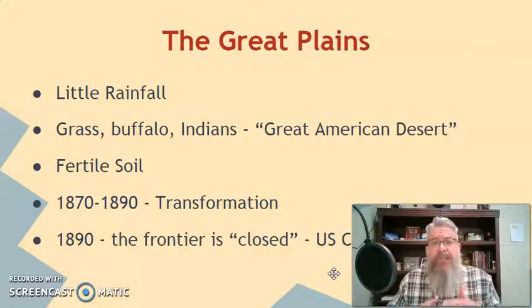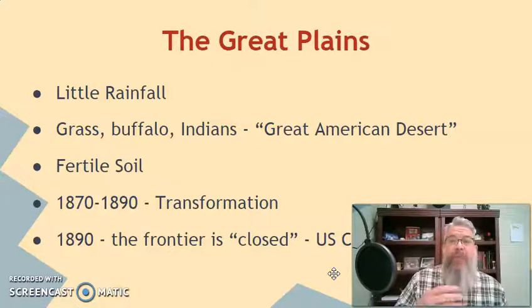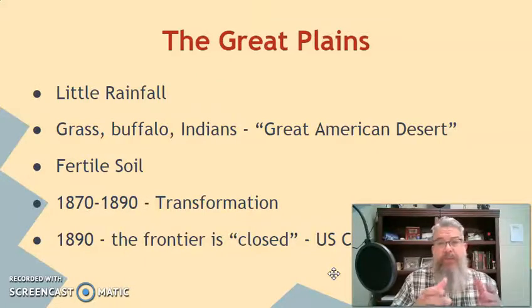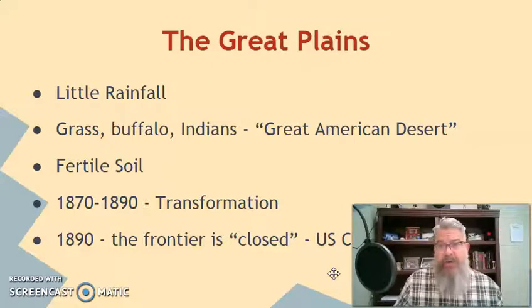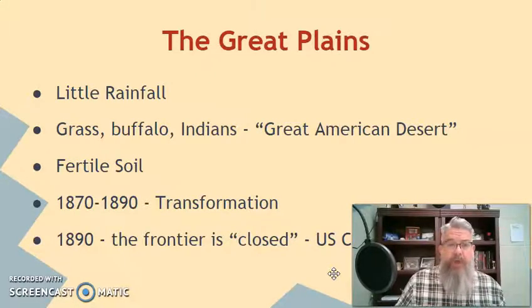So what we see during the 1870s and through the 1890s is a period of transformation on the Great Plains. The Great Plains are moving from being the Great American Desert to an area where there's going to be a great deal of settlement, right? A great deal of homesteading, as the government has offered land to settlers at very little to no expense to them.